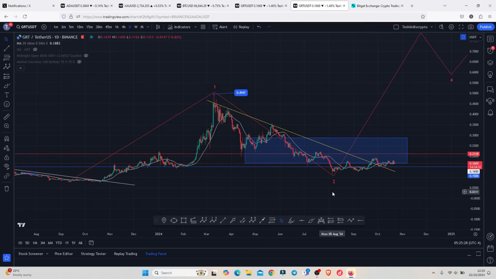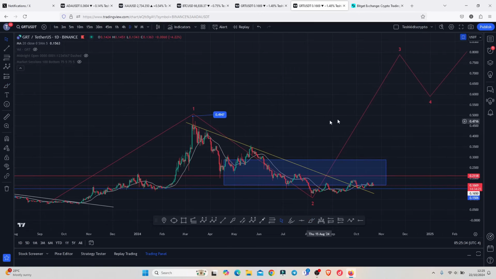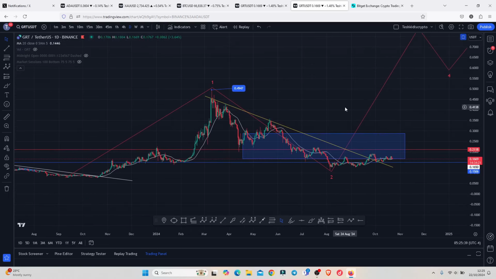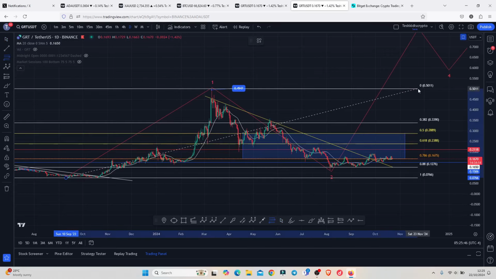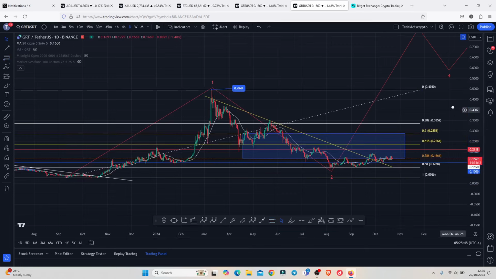And for now, I still believe that we have a low in place for the second wave, and we can possibly get a bounce to the upside in an additive count 3, but that is on one condition, and the condition is that we need to continue holding above the fib level 0.88 here on the Fibonacci's.